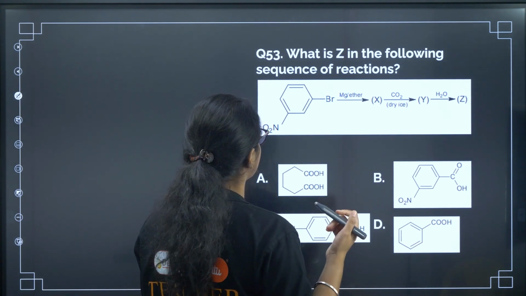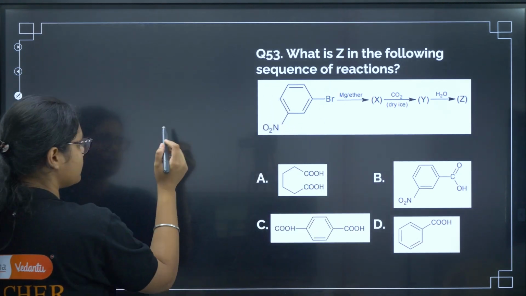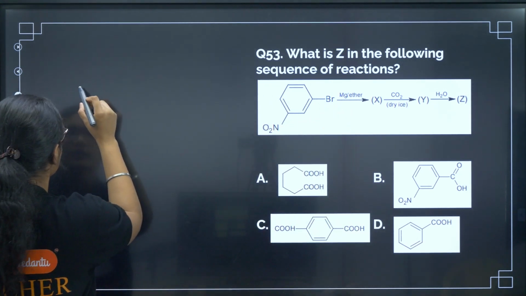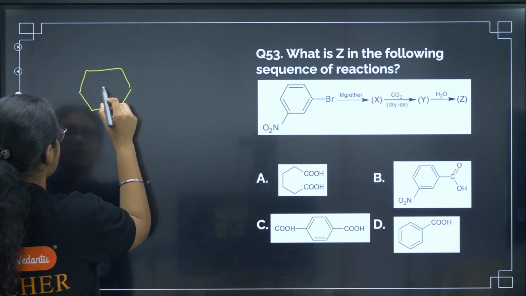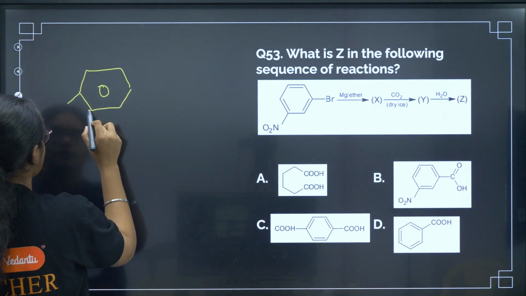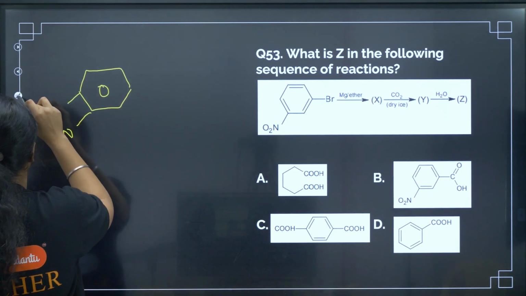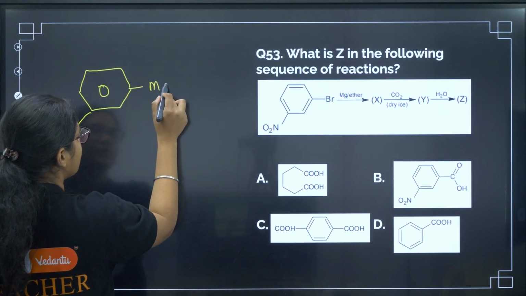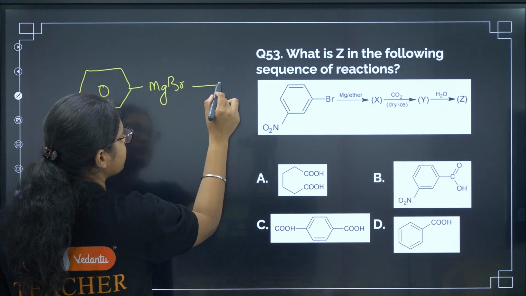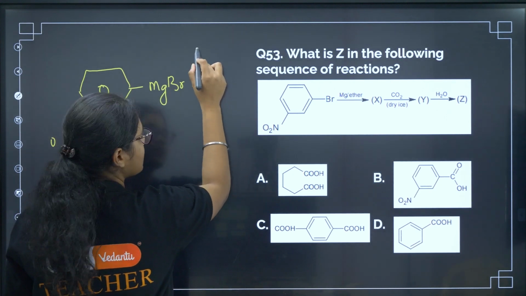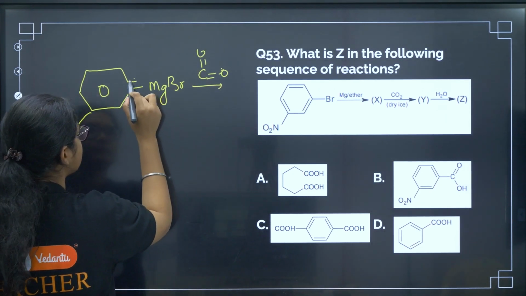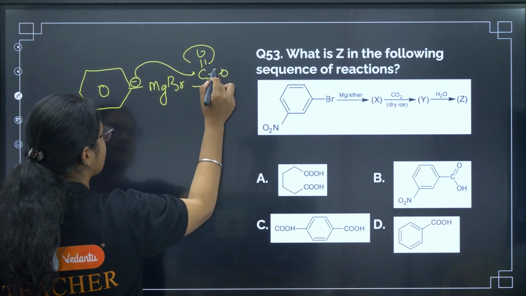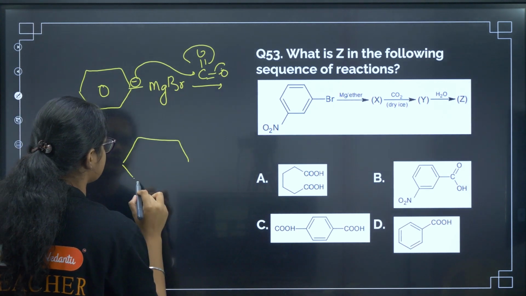We have to find the product Z. First of all, when you treat this one with Mg, it forms a Grignard reagent, that is NO2 with MgBr here. Next, if you treat it with CO2, this one will behave as a nucleophile and attack here, and we will get benzoic acid.